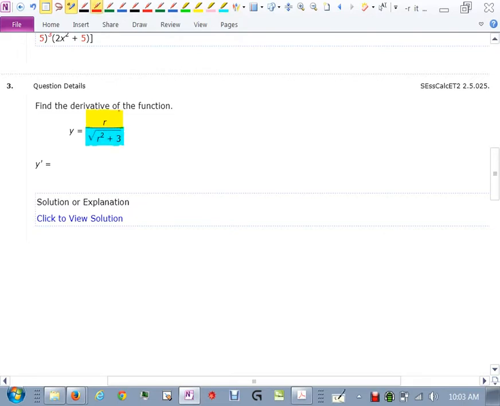So if I call the numerator f, and I call the denominator g, we already know that the derivative of y will be f prime g minus g prime f all over g squared. So let me write down what f is. f is equal to r, and g is equal to, watch, I'm going to rewrite that. Square root of r squared plus 3 is actually r squared plus 3 to the 1/2. So there's my f and my g functions.